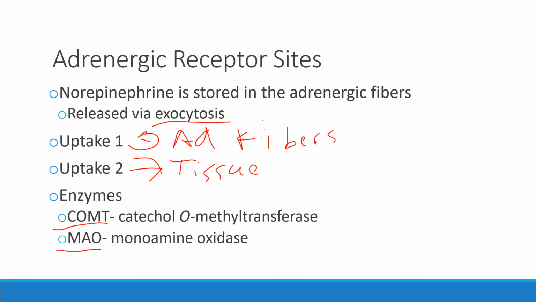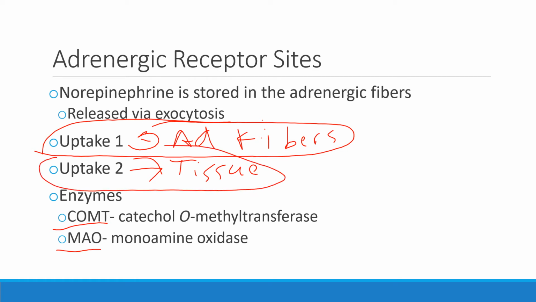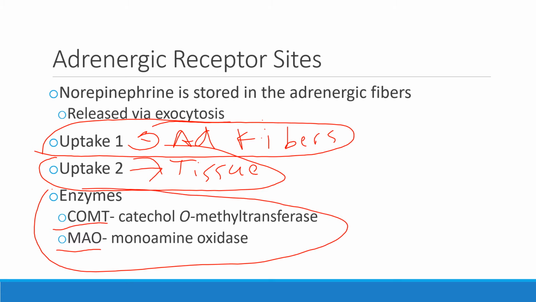They're going to either reuptake in uptake 1, it's just going to reabsorb, or it's going to absorb in the tissue, or we're going to have enzymes that just eat away and metabolize those things that are released. So that way it's not a permanent effect on the patient, right? That's why we have short-acting, long-acting, and so on and so forth. The COMT and MAOs will help eat those up.